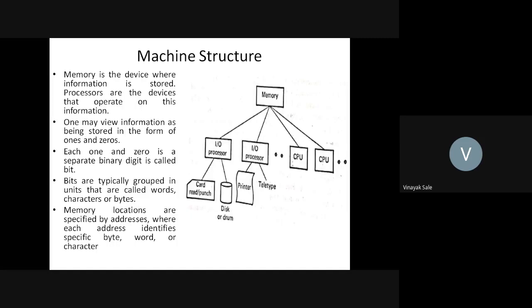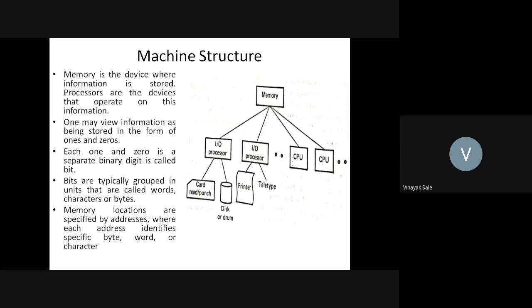What is a machine structure? Every machine has an input output processor and a central processing unit. This input output processor and central processing unit are connected with memory.